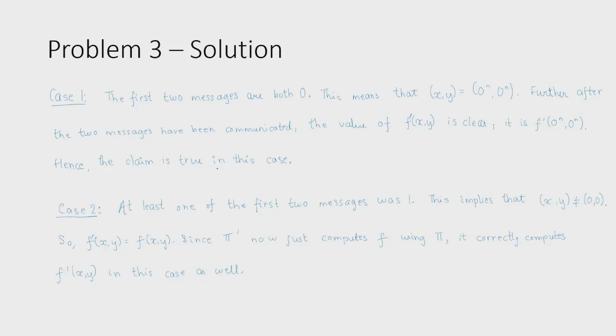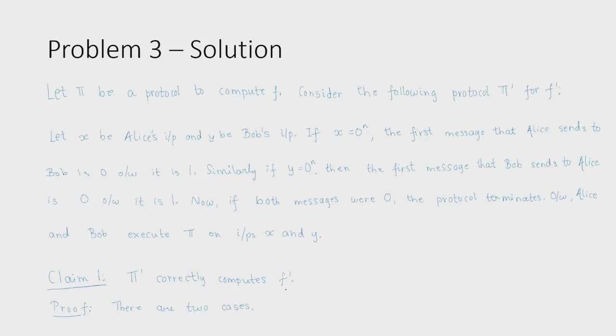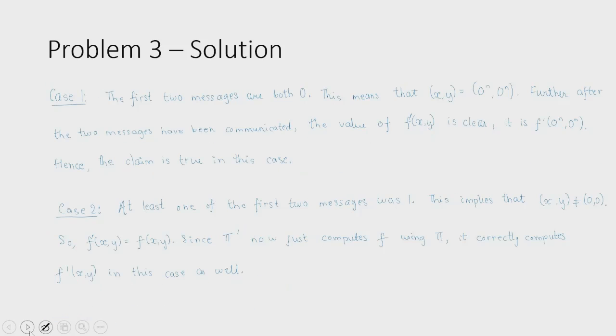Is this okay? Yeah. So we have proved the claim that pi prime correctly computes f prime. Now we are interested in the communication complexity of pi prime, right? Yeah.